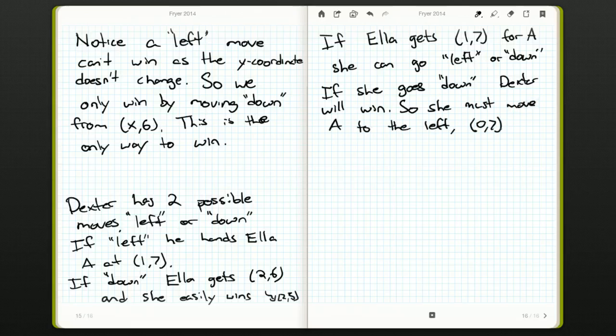Okay. So we start off. Dexter could move down, but then she's going to win. So he'll probably move left. If she gets a left, she needs to move A to the left again, giving Dexter 0-7.